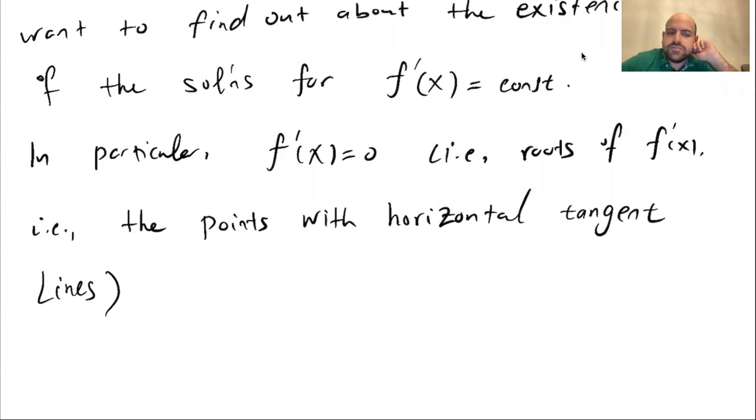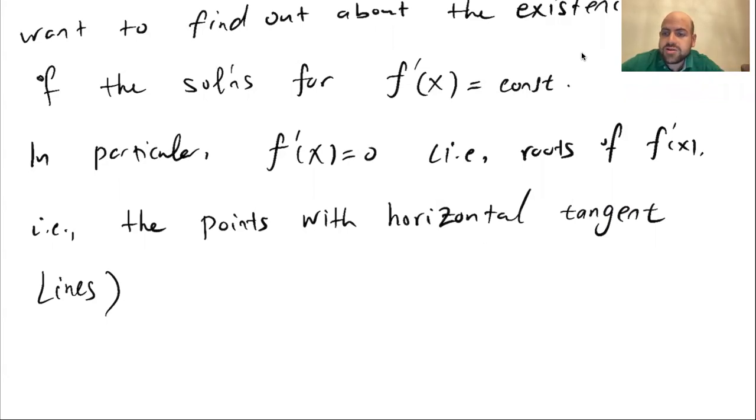Okay, so points with horizontal tangent line. Sometimes we're interested in finding such points, or sometimes we want to, let's say we have a given function, we want to find the roots of a given function.